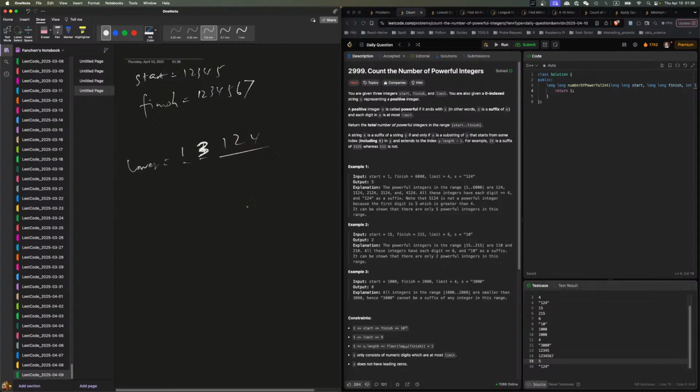Now we're going to try our upper bound. The upper bound is the biggest that's smaller than this. Again, we have 1, 2, 4 as this. So this is 7 digits. Again, it has to be the biggest value that's smaller than this.